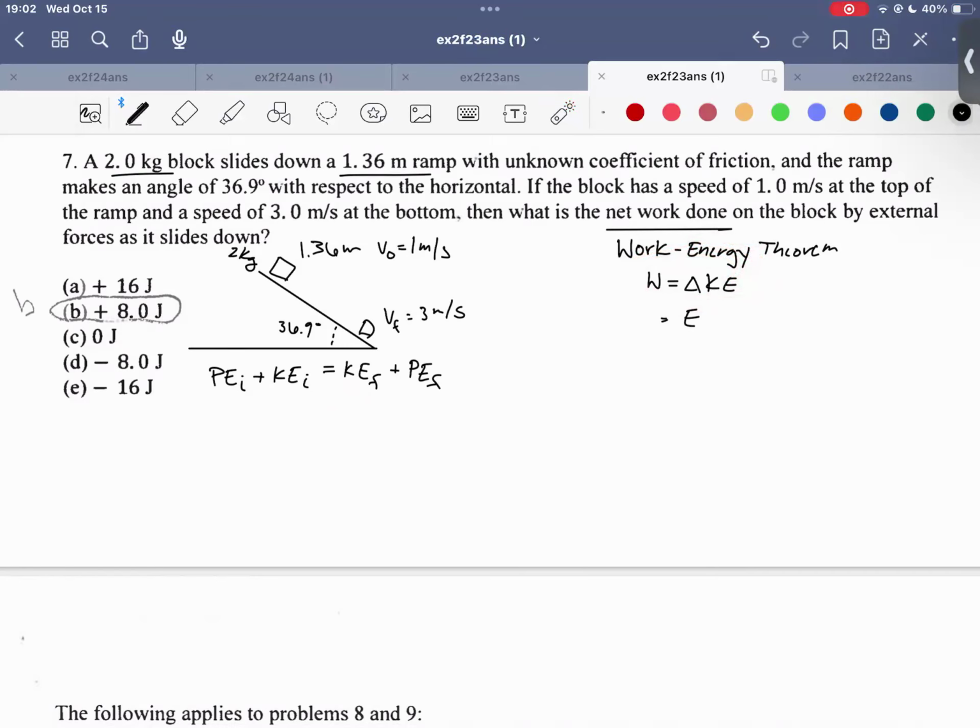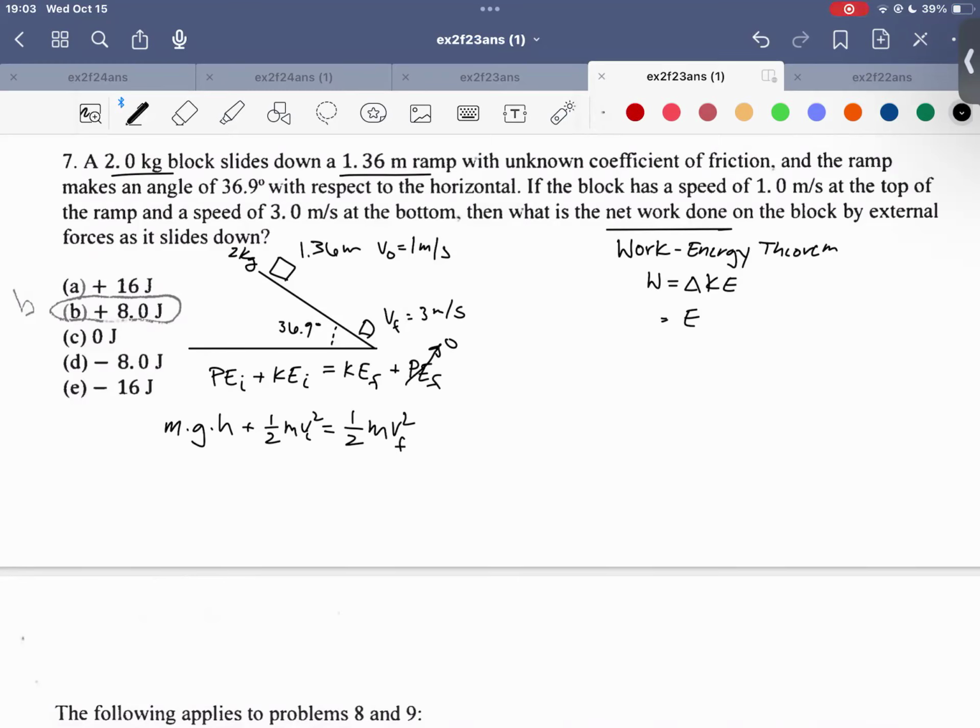So let's start with our potential energy initial. It's going to be mass times gravity times height, plus, let's just write it out like this first. Our potential energy at the bottom is zero, because it has no height. So this is initial and final.